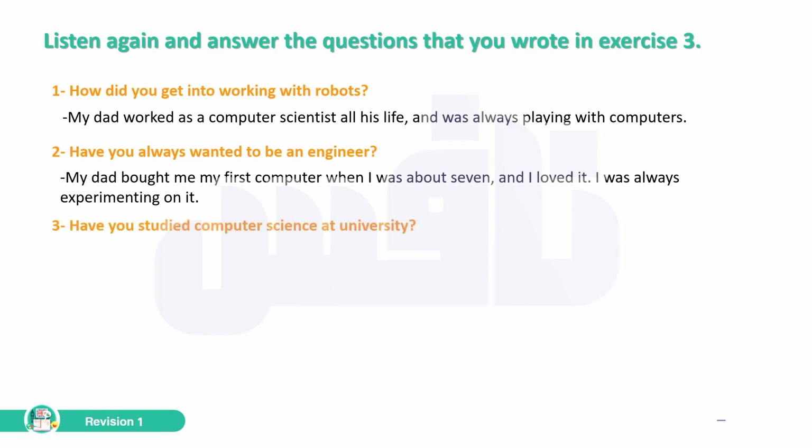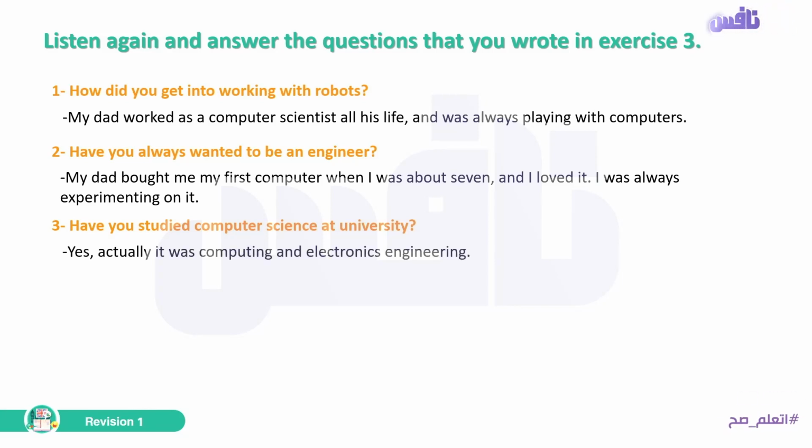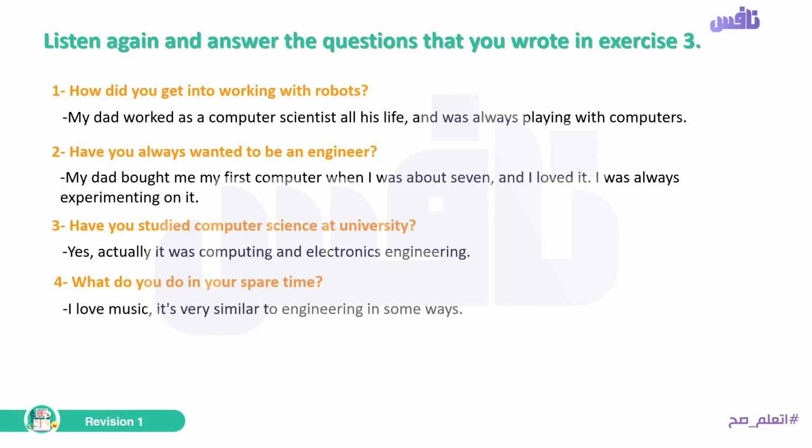Number 3: you studied computer science at university? The answer: yes, actually it was computing and electronics engineering. Question number 4: what do you do in your spare time? The answer: I love music. It's very similar to engineering in some ways.